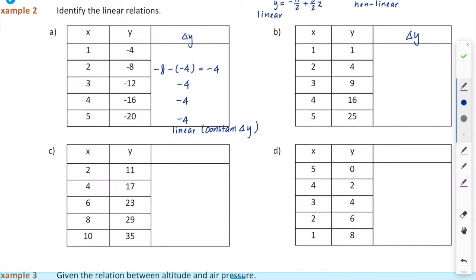B. So the x column, 1, 2, 3, 4, 5, everything goes up by 1, so that's good. So 4 minus 1, 3, 9 minus 4, 5, 16 minus 9, 7, 25 minus 16, 9. So obviously, this is nonlinear.